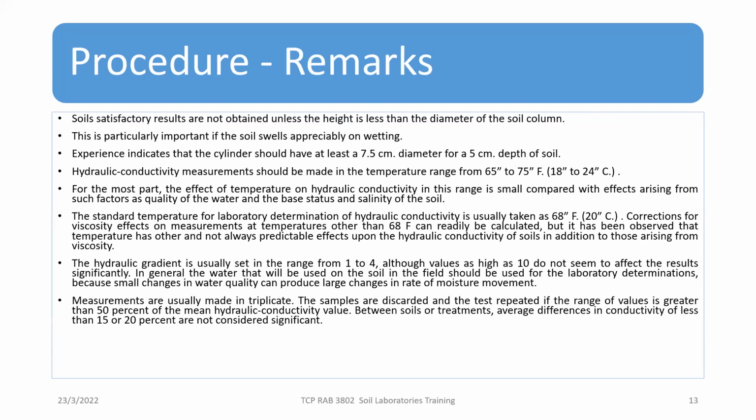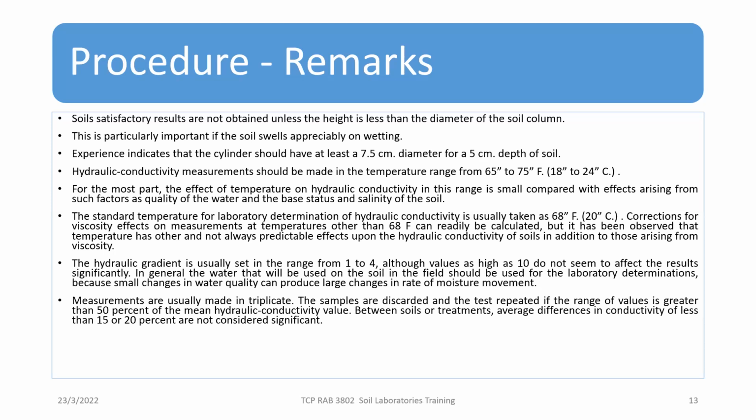There is a remark that satisfactory results are not obtained unless the height is less than the diameter of the soil column. So when you use a column, the height should be less than the diameter of the soil column or cylinder.